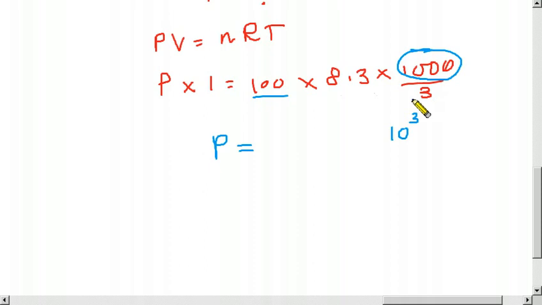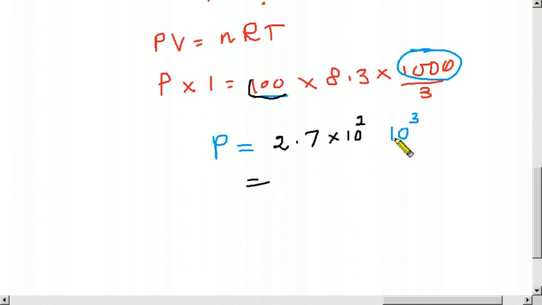Then 8.3 divided by 3, that is only we have to do 8 divided by 3 is 2 point, then 6, 2, 23, 7. 3 times 7 is 21, so 23 here, then times this 10 power 2.